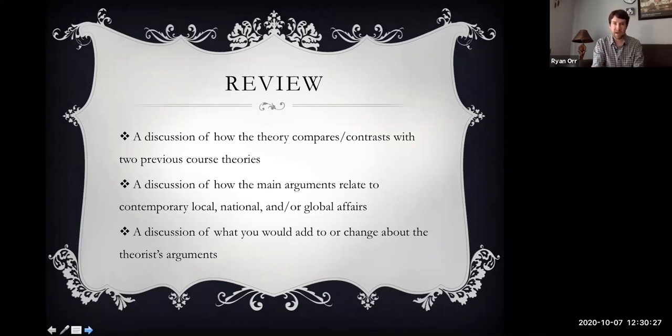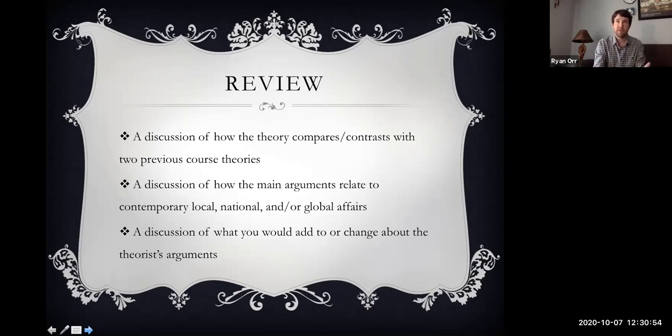What is the focus on culture for Durkheim, and how is that similar to the focus on culture for Veblen? Or on the other hand, you can look at the similarity with the Adlers. They both focus on micro levels of analysis. Okay, that's a good start, but fully explain that similarity. And the same thing for differences. If you highlight a difference, explain what that difference is in comparison to Veblen, but also the other theorists as well.